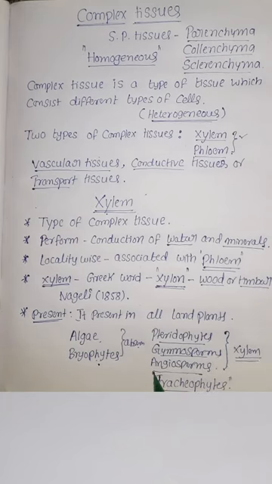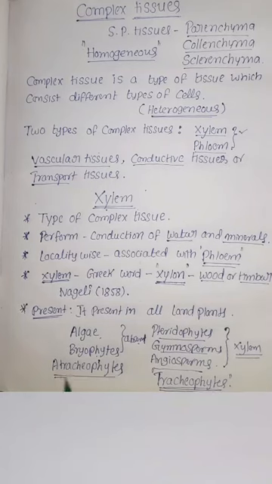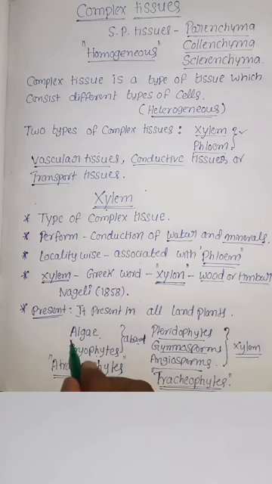Tracheophytes, very important. Where xylem is absent, these two groups together are called atracheophytes. Atracheophytes means xylem is absent in primitive groups like algae and bryophytes.